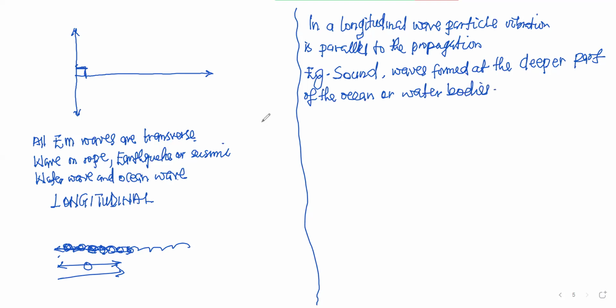If the wave is formed at the shallow part, the surface part of the ocean or water bodies, it is transverse. But when it is formed at the deeper part of it, it is longitudinal.